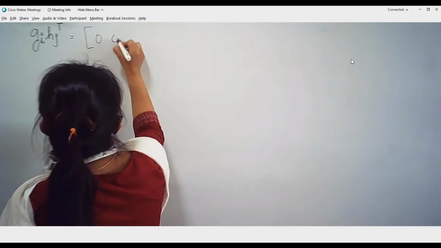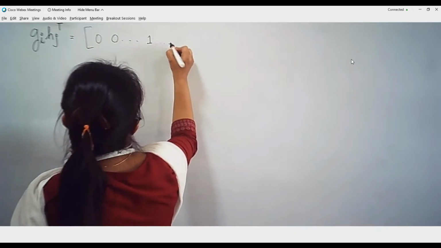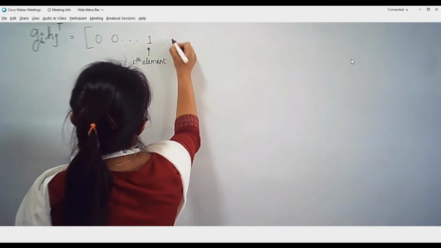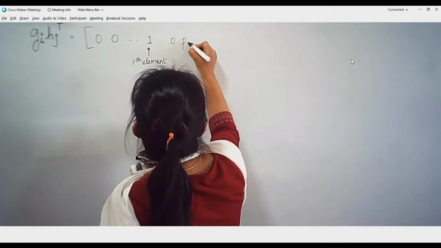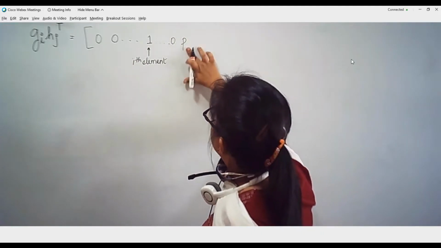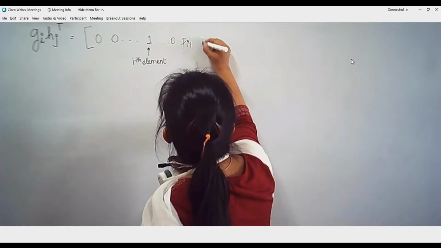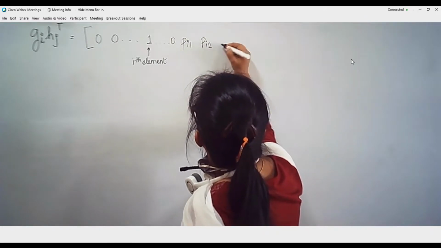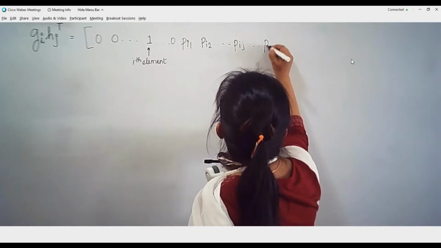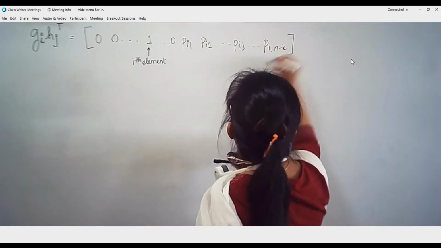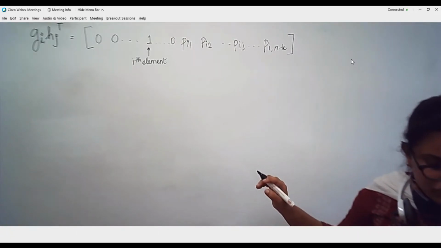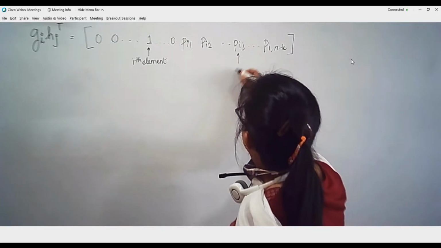For G, I had 0, 0, followed by the 1 in between, which is the ith element. Let me rewrite this. Then I had P i1, then P i2, somewhere in between I get P ij, followed by P i, n minus k, and this is the k plus jth element.